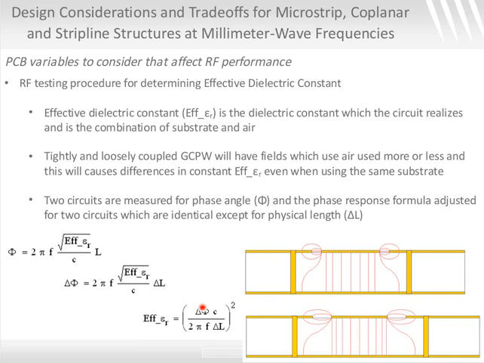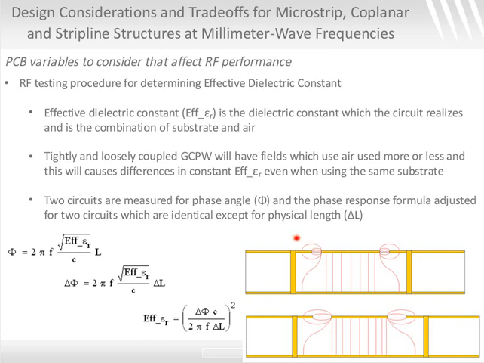That's the S21 phase angle, delta phi, at a specific frequency, and that's how I get the effective dielectric constant. And I did this over a wide range of frequencies, again looking at millimeter wave, and my thought was, if this is tightly coupled, let's say the top picture on the bottom right, if it's actually thick copper and tightly coupled, that means you're using air very effectively.